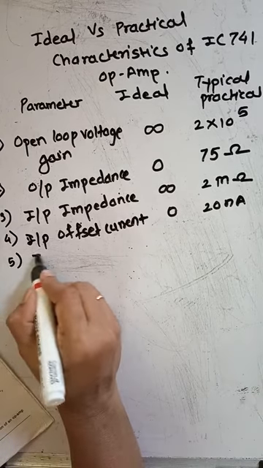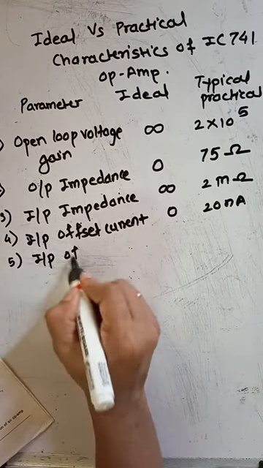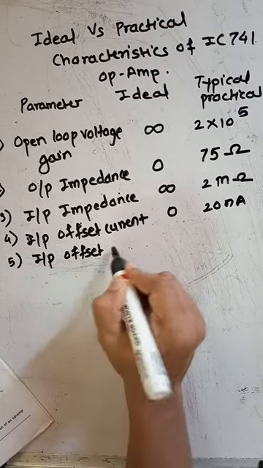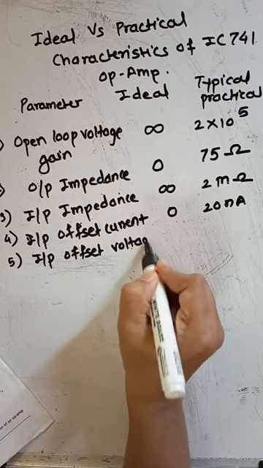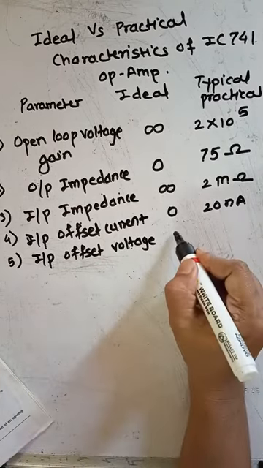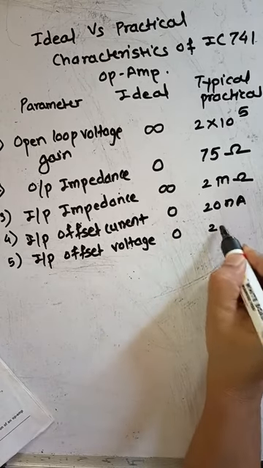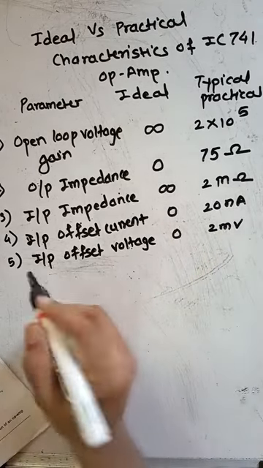Then input offset voltage, ideally it is 0 but practically it is 2 millivolt.